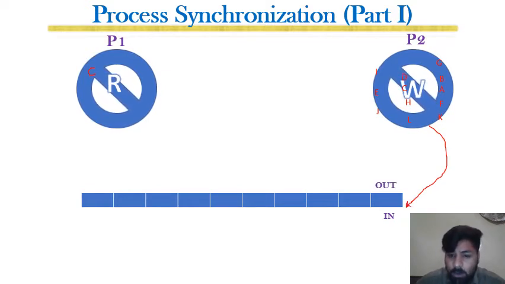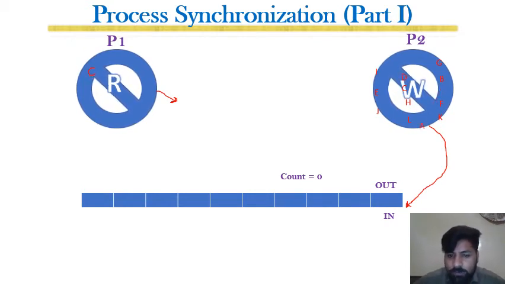Similarly, we have an out variable, or out pointer, which points for P1 to where the read operation should be made. And similarly we have a count variable that counts the number of filled slots in the buffer.